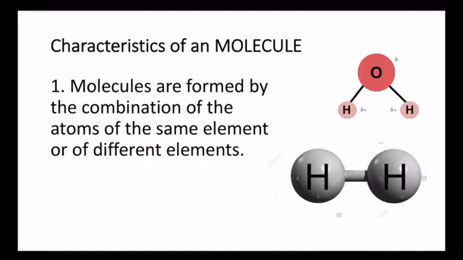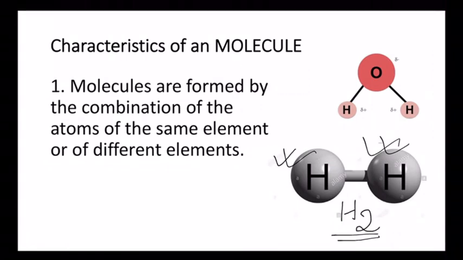Characteristics of a molecule. First characteristic: molecules are formed by the combination of atoms of the same element or of different elements. Like you can have two atoms of hydrogen combine to form one molecule of hydrogen, denoted as H2.